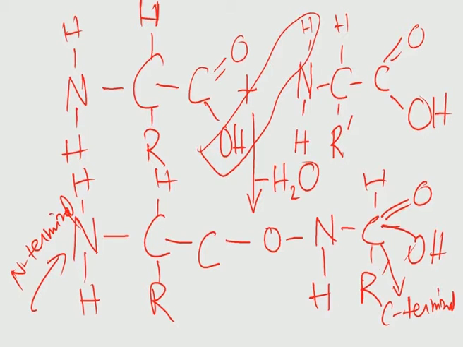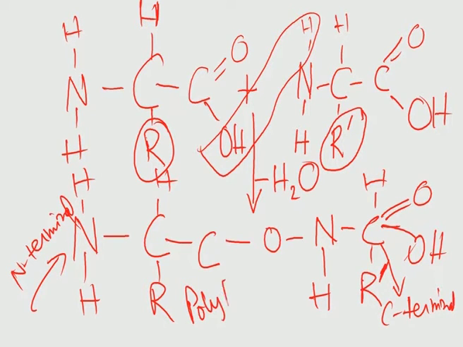Now, other things that you must have noticed here: the 2 amino acids are different simply because R or R prime are different, and the way these R and R prime are arranged forms your amino acid sequence in a polypeptide molecule.